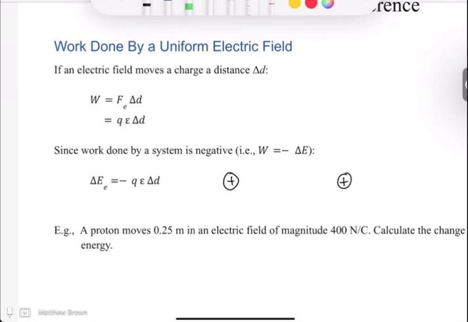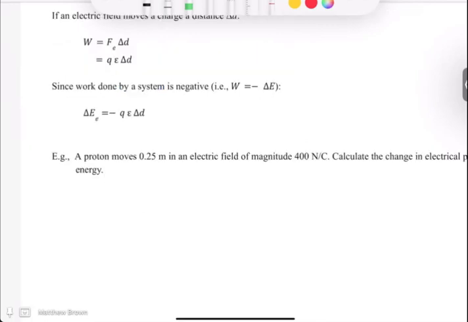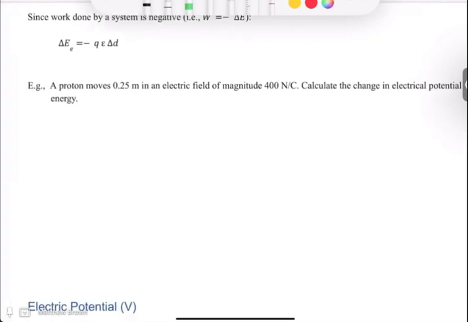So I'd have to do positive work if I took this charge and moved it closer; now I've increased the energy of this system. So I wouldn't worry so much about the negative sign here. Just understand that if the system is doing work on its own, that's negative, whichever direction the particle happens to move. Whereas if you do some work on the system, that should be positive. You've added to the energy.